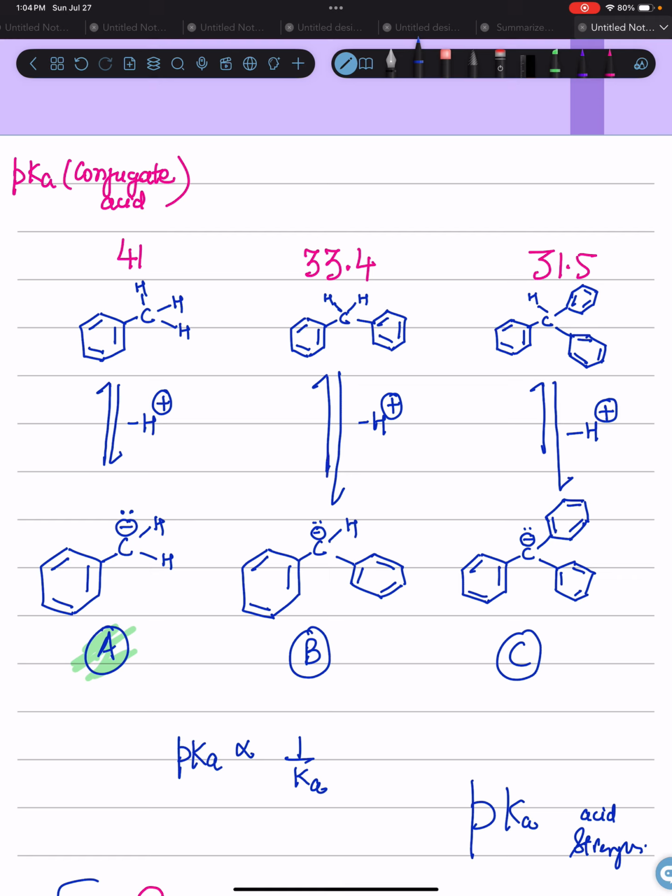If you look at the arrows, I have drawn the forward arrow lengthier as compared to the backward arrow.